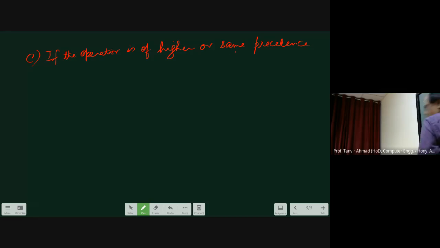Then C: if the operator is of higher or same precedence than the operator on top of the stack, then push the operator on the stack.